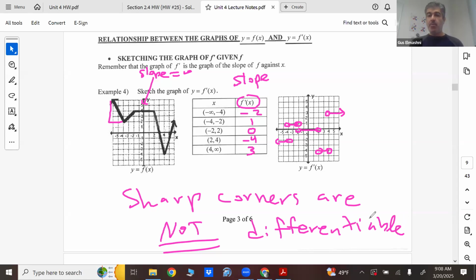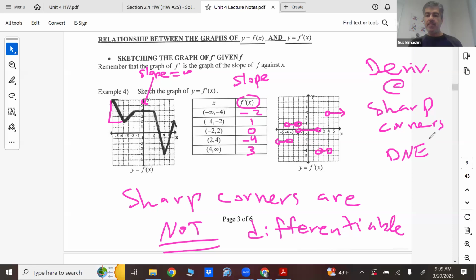So you cannot find a derivative at sharp corners. So we have to put holes in place of them, or we say the derivative at sharp corners does not exist.